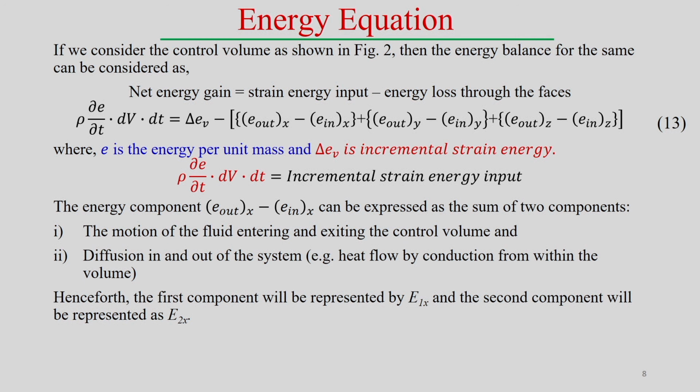What is the net energy gain? That can be the strain energy input minus the energy loss through the faces. So, the net strain energy gain during the passage of the fluid, the material continuously flowing from one point to another, we focus on one small element and look into what is happening on this particular element.